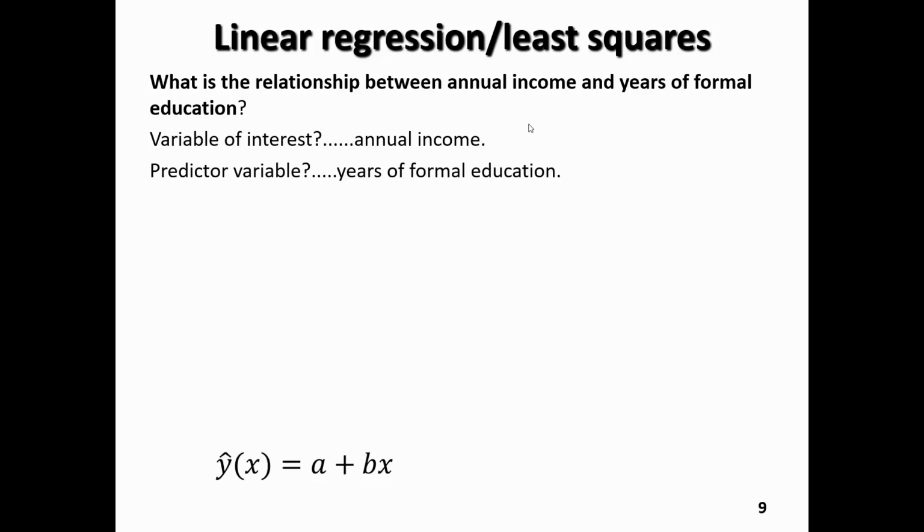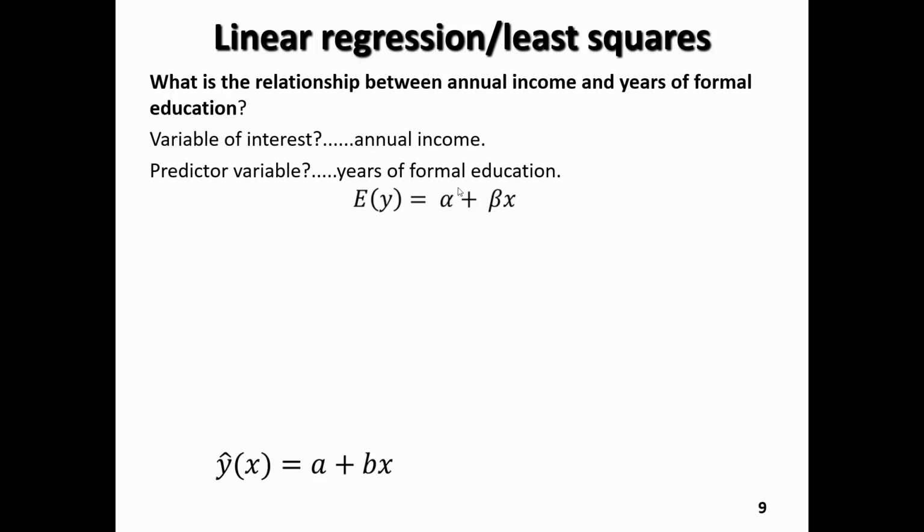And the question here is, can the number of years of formal education influence, not cause, but influence, have a relationship with annual income? Can we predict annual income based upon that? And so we start with our probabilistic model, the expected value of y, which is our annual income. So what can we expect given this relationship on the right-hand side?